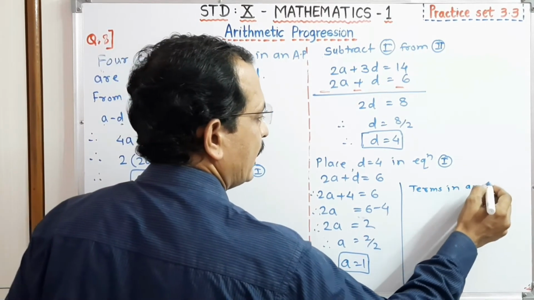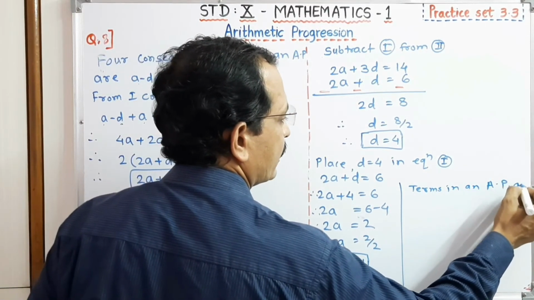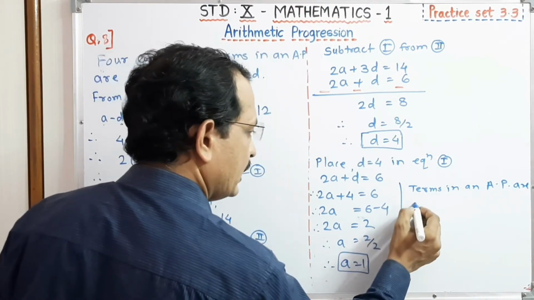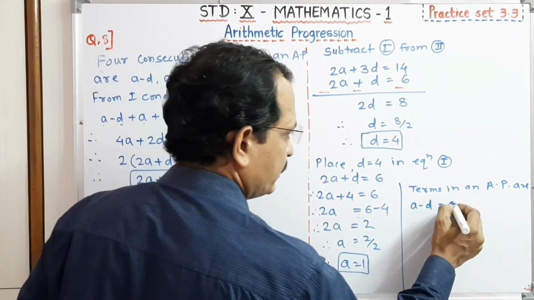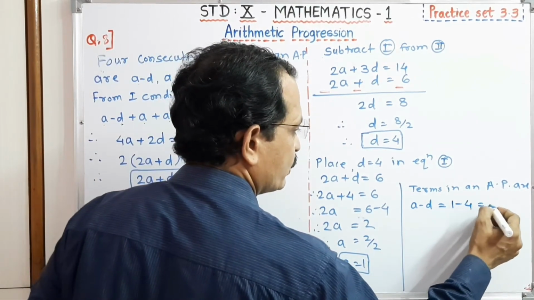in an AP are, first is A minus D is equal to 1 minus 4 is equal to minus 3.